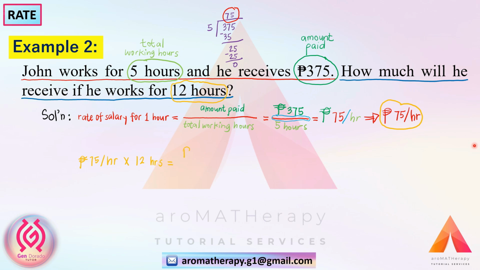Para mas madali, i-fraction muna natin itong si 75 per hour. So, magiging 75 over hour. So, maglagay tayo ng 1 na numerical coefficient dyan. Times 12 hours. Next, what can you see?